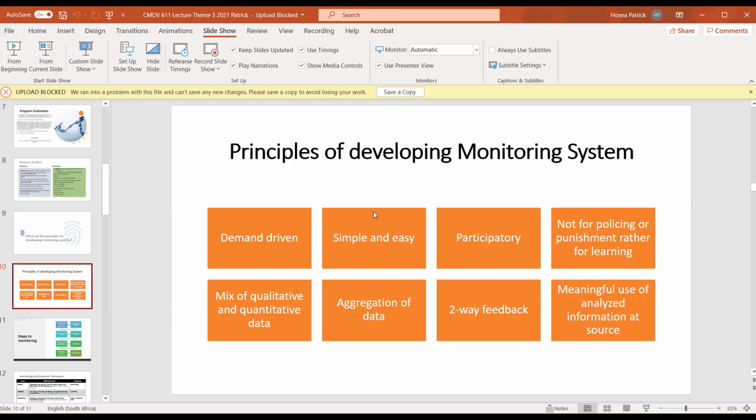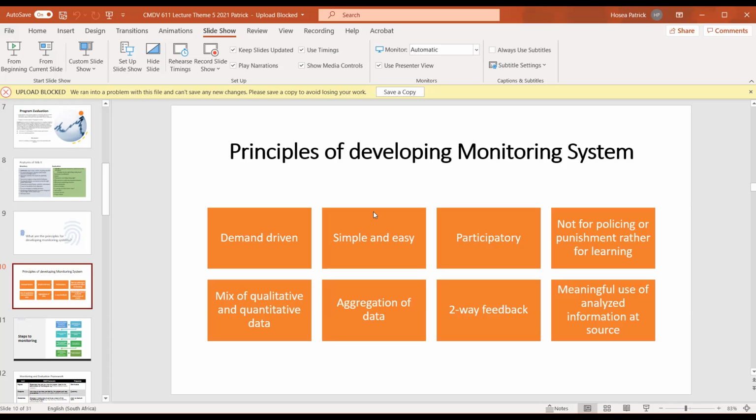The next point for you to consider when you are designing or developing your monitoring system is the principle of easy does it. It must be easy and it must be simple. In most cases, we tend to complicate things by coming up with concepts or ideas that are very complicated or advanced or complex, as the word may be.